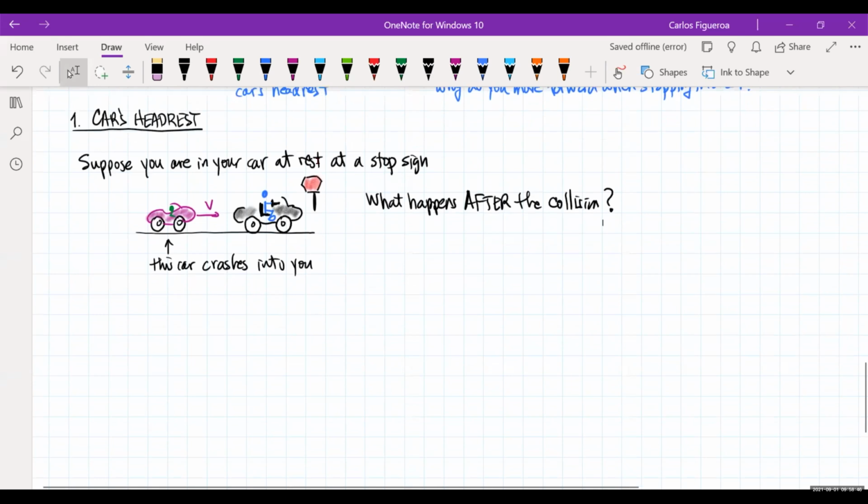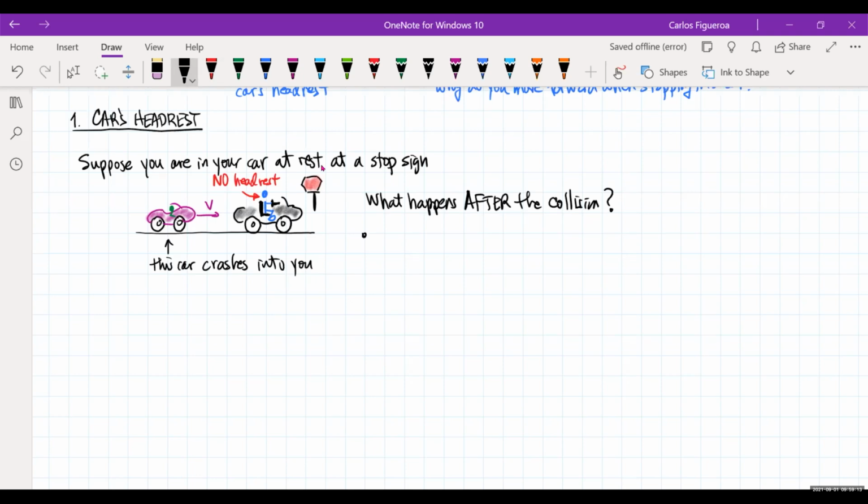So we want to make some important observations here. Note right here, there's no headrest. So the seat is only going up to your back and that's it. So there's nothing to protect your head. So let's make some observations.